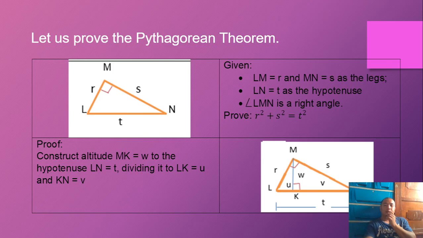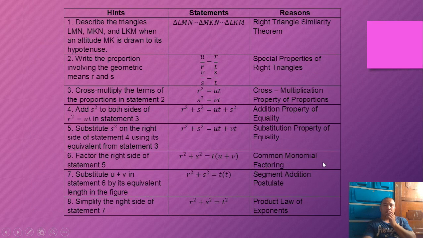From this figure, number 1: describe the triangles LMN, MKN, and LKM when an altitude MK is drawn through the hypotenuse. These three triangles, LMN, MKN, LKM, are all similar triangles. Similar triangles are not necessarily congruent, they don't have the same sizes, but their sides are proportional. Reason: right triangle similarity theorem.